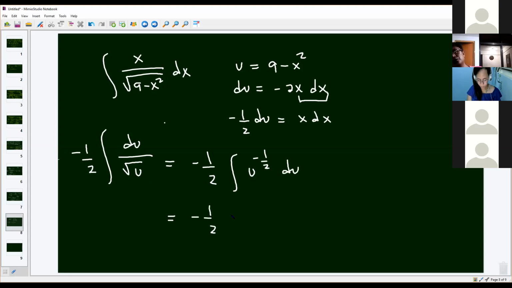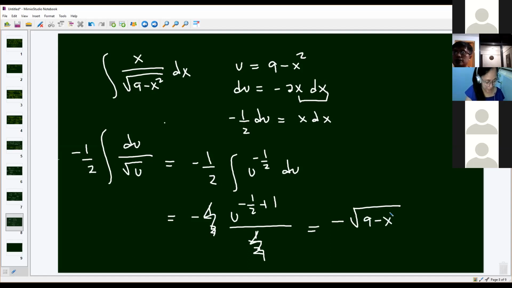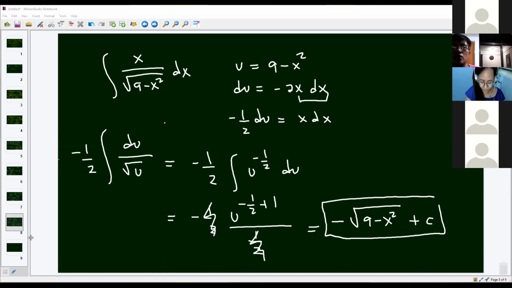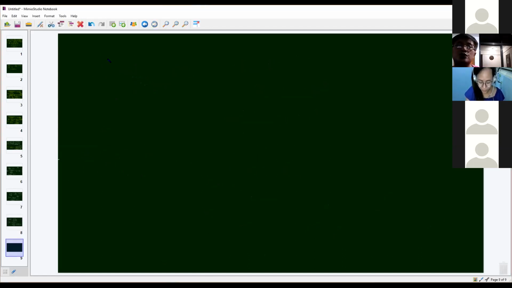The rule: add 1, divide by the result, and done. Actually, it cancels. 1/2 over 1/2, with the negative, this would be a positive u to the 1/2. So negative, a positive u to the 1/2, I return the u, is square root of 9 minus x squared plus c. We're done. Right, guys? Simple. Now, I'm just introducing the new one.